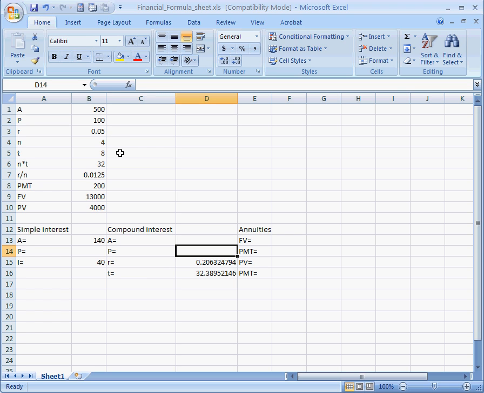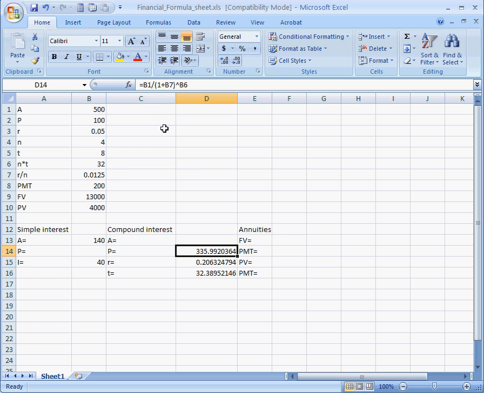That formula should be A divided by the quantity 1 plus R over N raised to the NT. That should be, again, A divided by the quantity 1 plus R over N, that's in B7. Makes my life a little easier to have done it that way. Raised to the NT, which is in B6. And that should be my value of P.